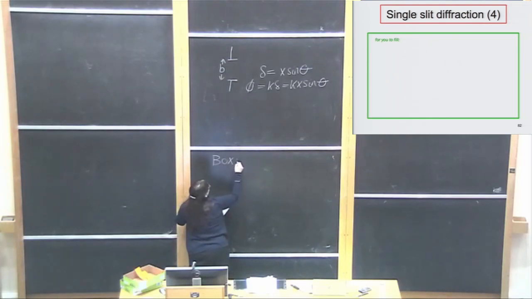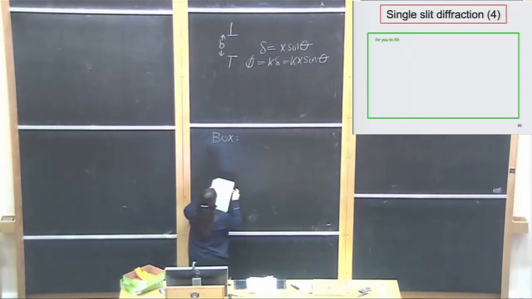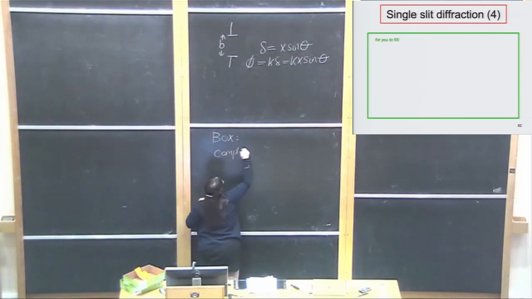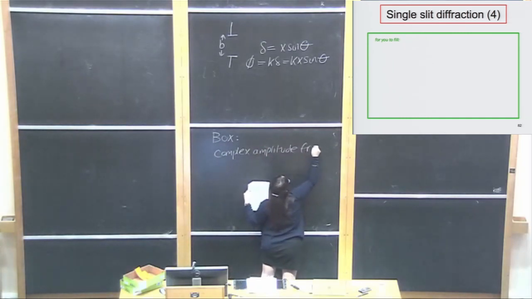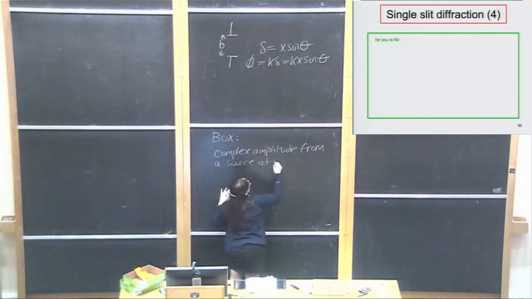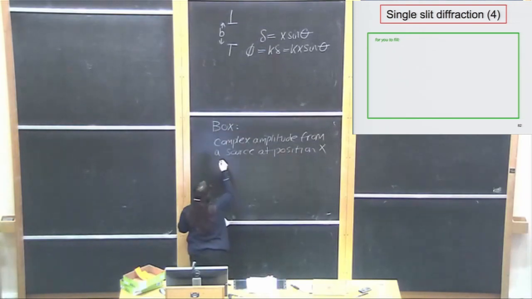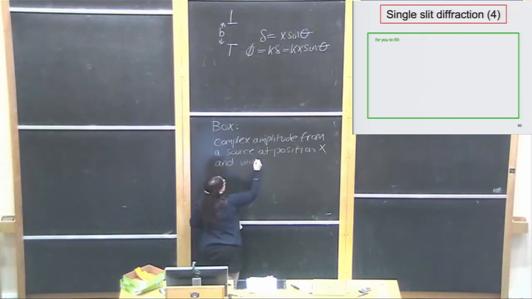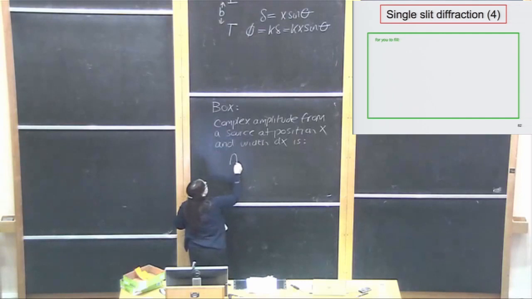I'm not going to work in normalized units for this calculation, just so that you can see all the constants as well. So what I'm saying is that the complex amplitude from a point source at position x and infinitesimal width dx is, okay, I'm going to write it as this.